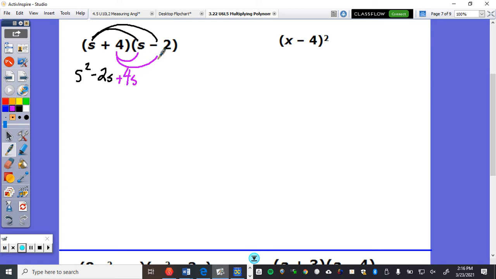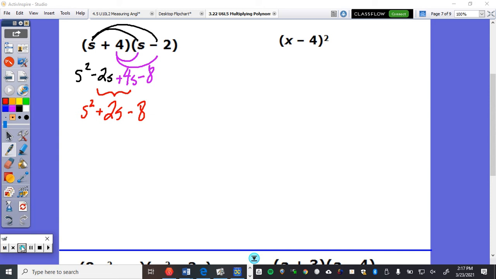And 4 times negative 2, negative 8. You are not done here because you have to simplify by combining like terms. Negative 2s plus 4s gives me a positive 2s. And then we have the s squared and the minus 8.